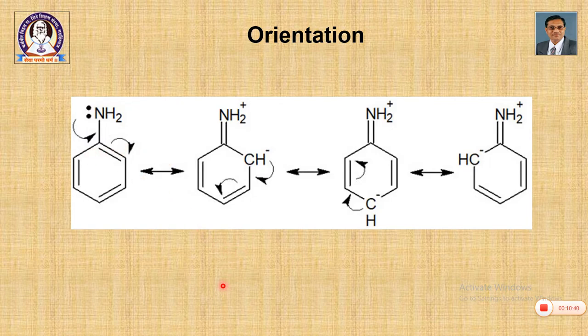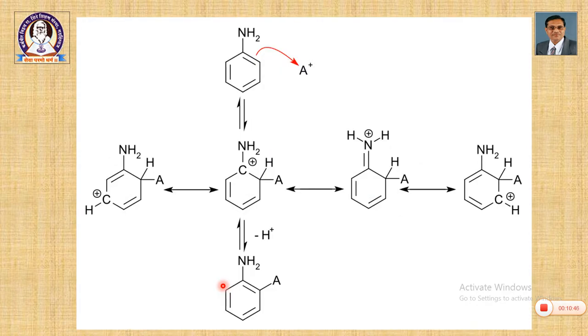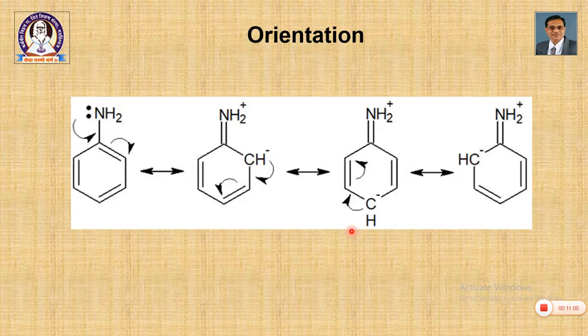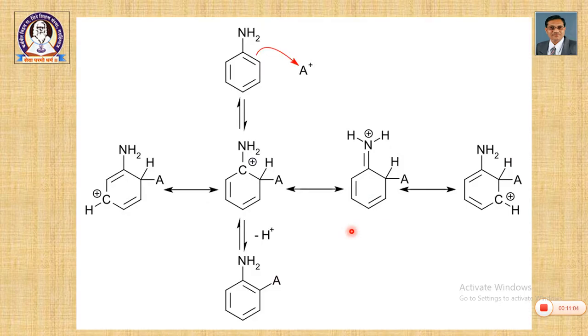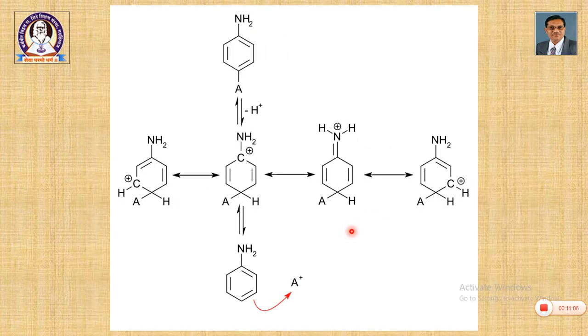So, these structures show that electron density at ortho and para positions is higher. By considering the stability of the intermediate formed by the attack of the electrophile, you can have an explanation by considering these various resonating structures. Of course, it is not essential to remember these, you just go through these structures and remember the orientation. These are the structural explanations with reference to the intermediates.